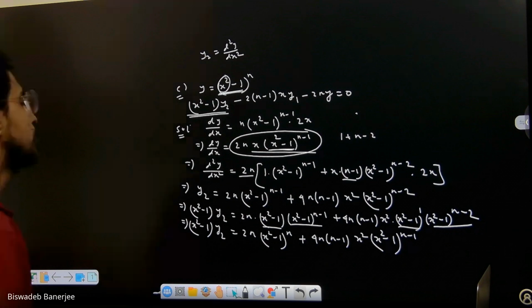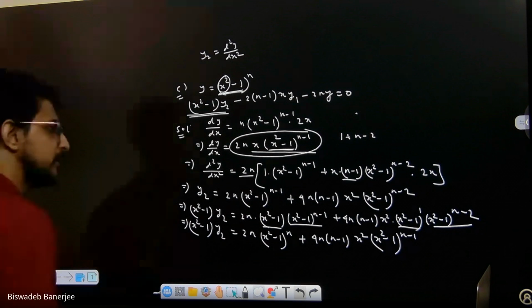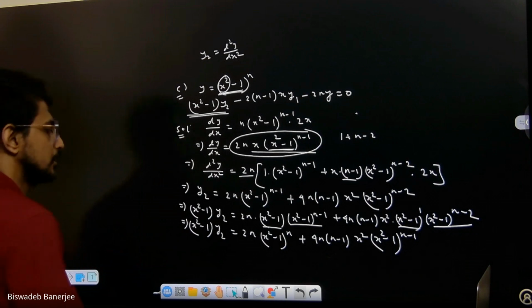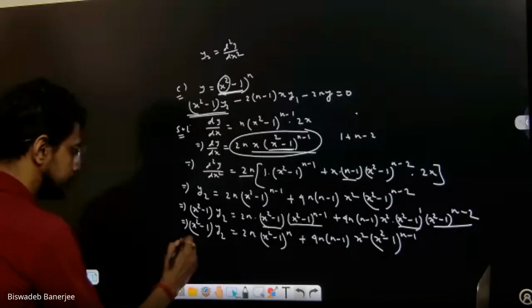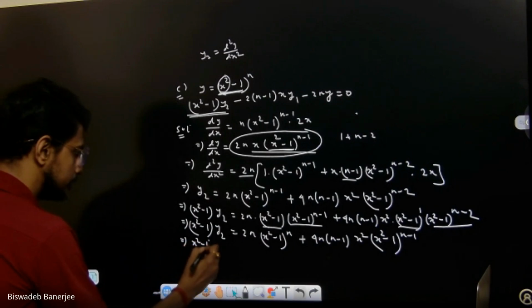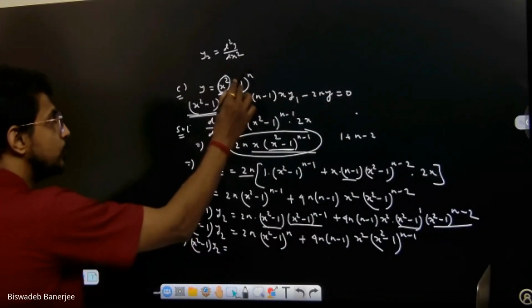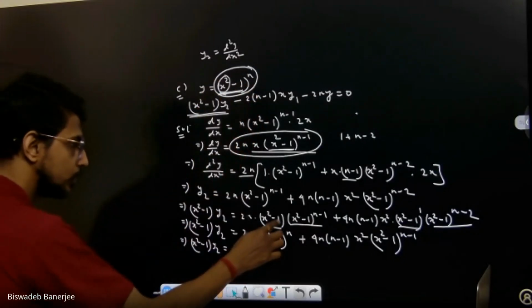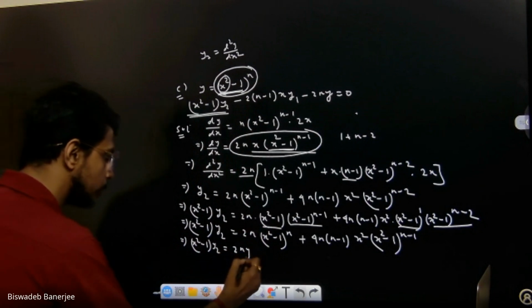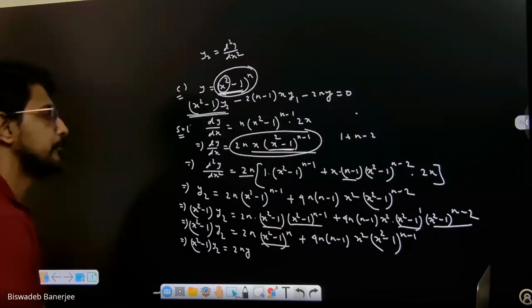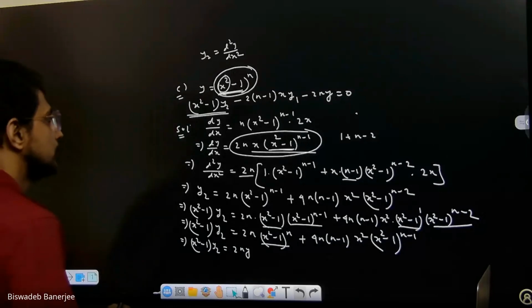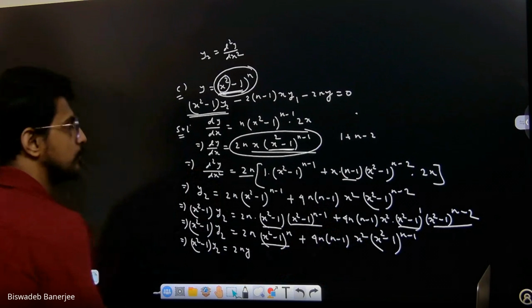So that is my entire thing. Now what? See that there is my y. X square minus 1 whole to the power n is y. This portion is my y. Now look at this portion.